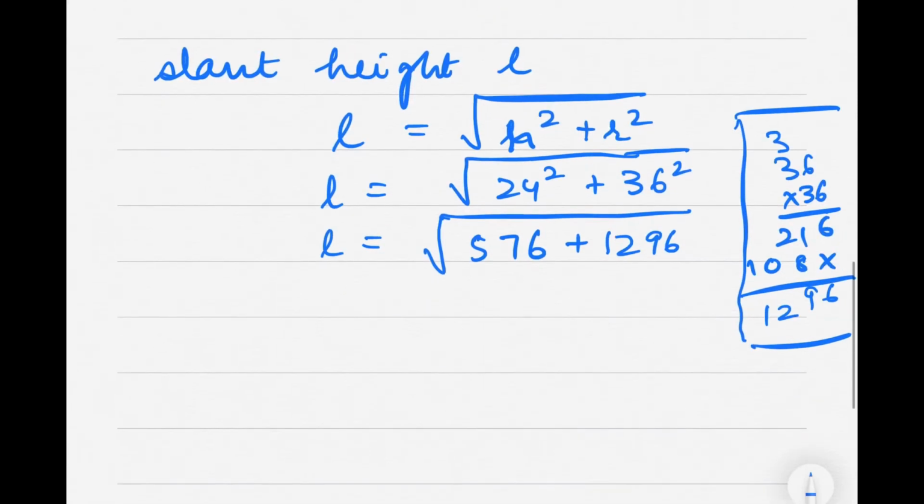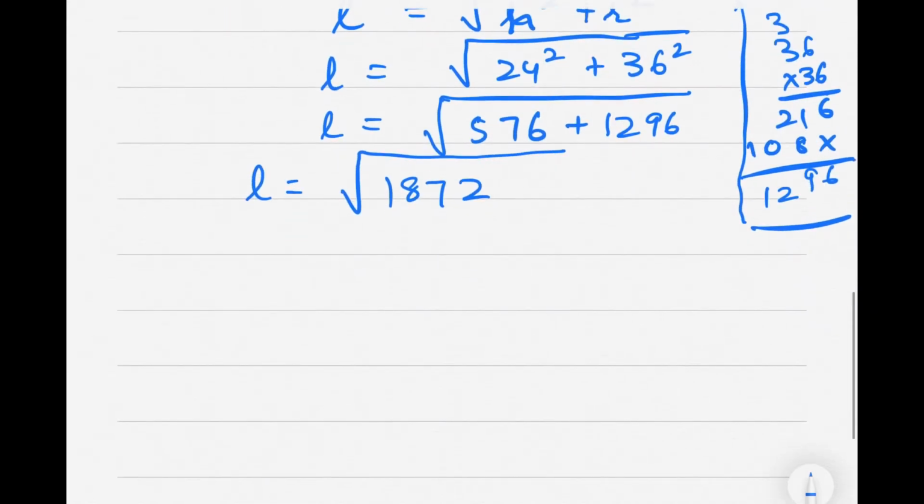So now I know my L will be equal to the square root of 1872. Now I have to find the factors for this, and I have to find the square root, right? Okay, so again one rough work on your right hand side. So 1872.